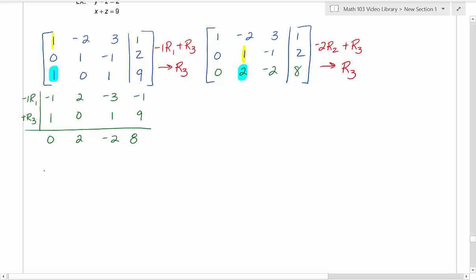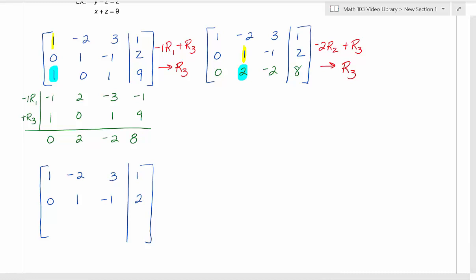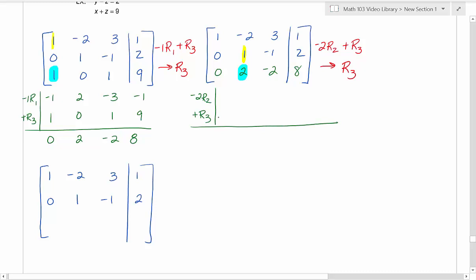Row 1 and 2 are not changing. Let's write those down. And we'll do some side work to get our new row 3. So we're doing -2 times row 2, adding it to row 3. -2 times row 2 gives us 0, -2, +2, -4.